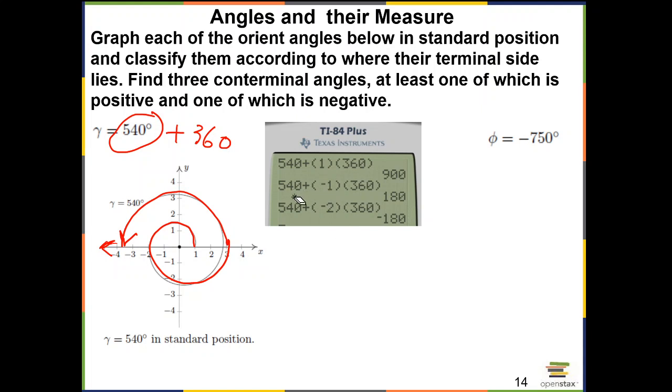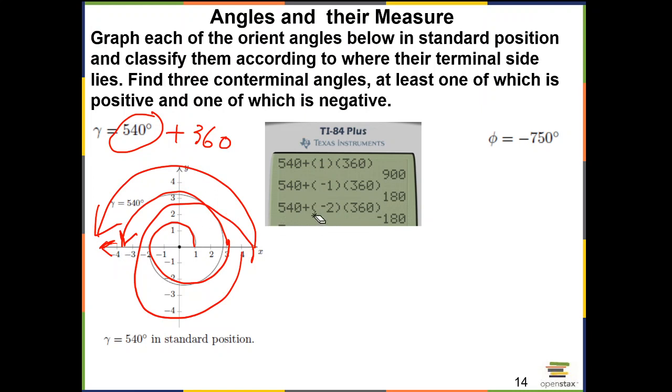Now I can also subtract 360 from it. So 540 minus 360, that means I go the other way, a negative side, right? 360. That's 360. And then we can go this way, 180. So that's another coterminal angle.